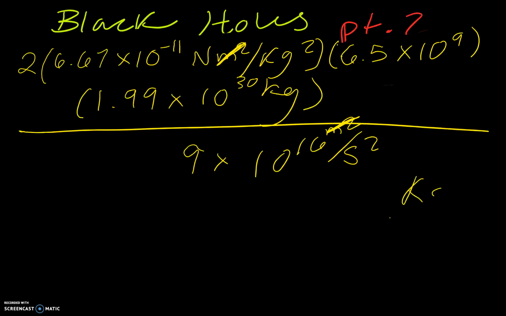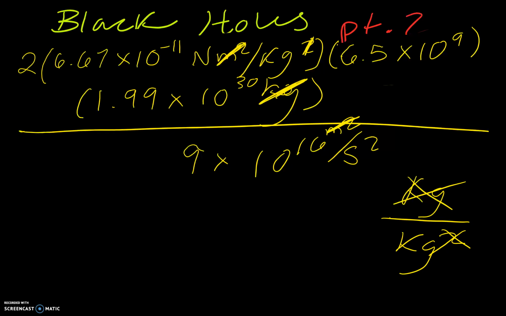So essentially what we're doing is kilogram over kilogram squared. So when we do that, we can get rid of this and get rid of that exponent. And so that's what we're going to do up here. We're going to get rid of that and get rid of this. And that's all the canceling we can do right now.